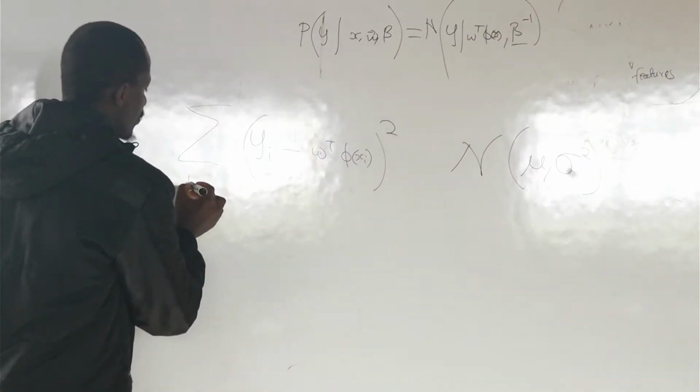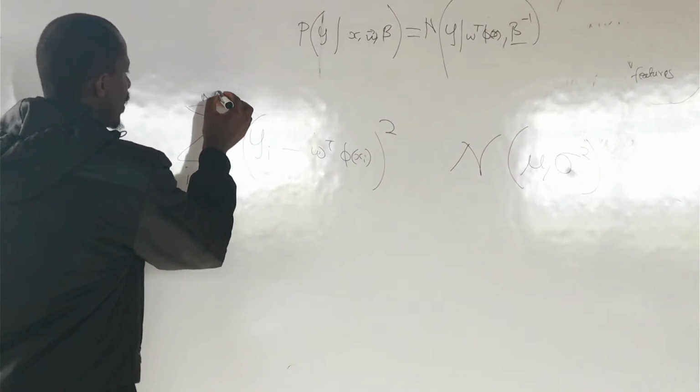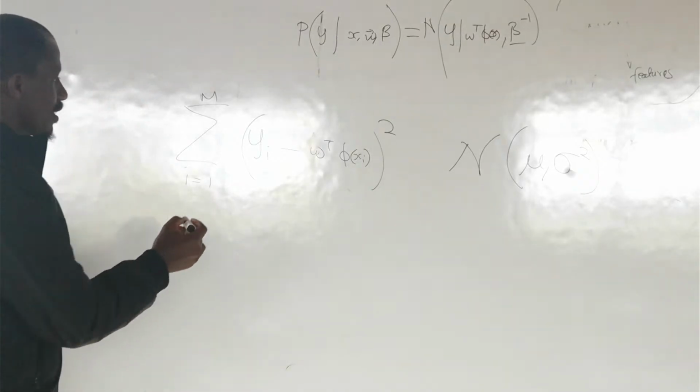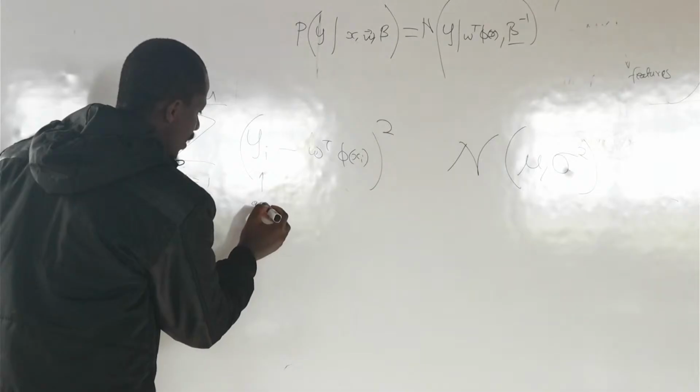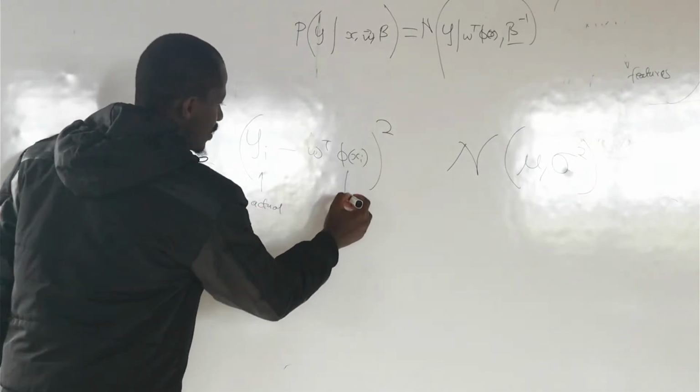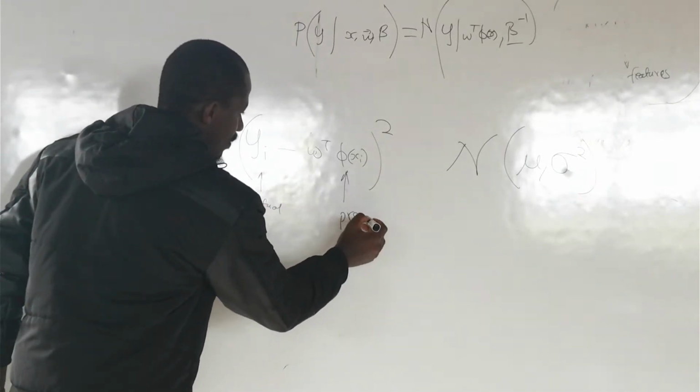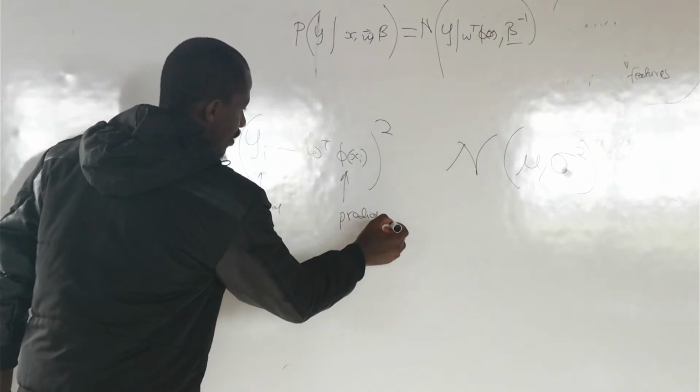And the formula is, this is like the predicted value, or rather actual value, and this is the predicted.